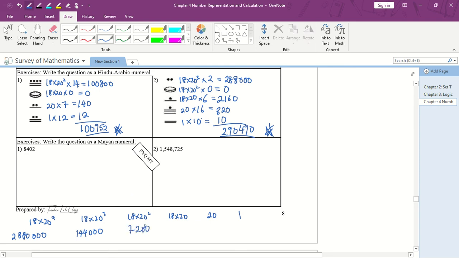And 18 times 20 is equal to 360. And of course, this is 20, this is 1.